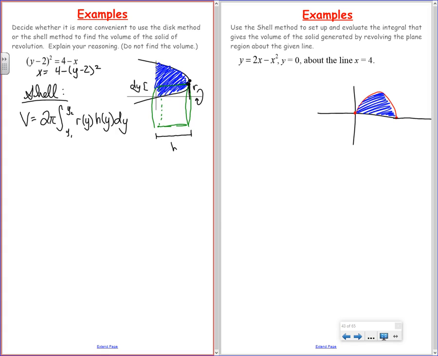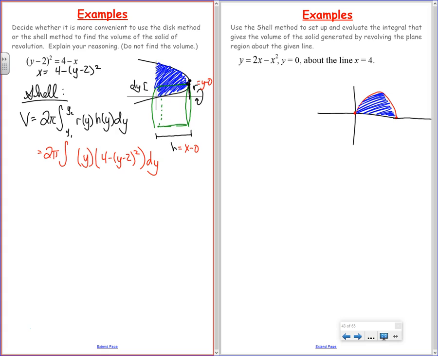I'm going to plug in 2 pi times y minus 0, which is just y. But what's my height going to be? It's going to be x. This one corresponds to x minus 0, this one corresponds to y minus 0, but I can't have an x in my expression, so instead I'm going to plug in the function: times 4 minus (y minus 2) quantity squared, dy.